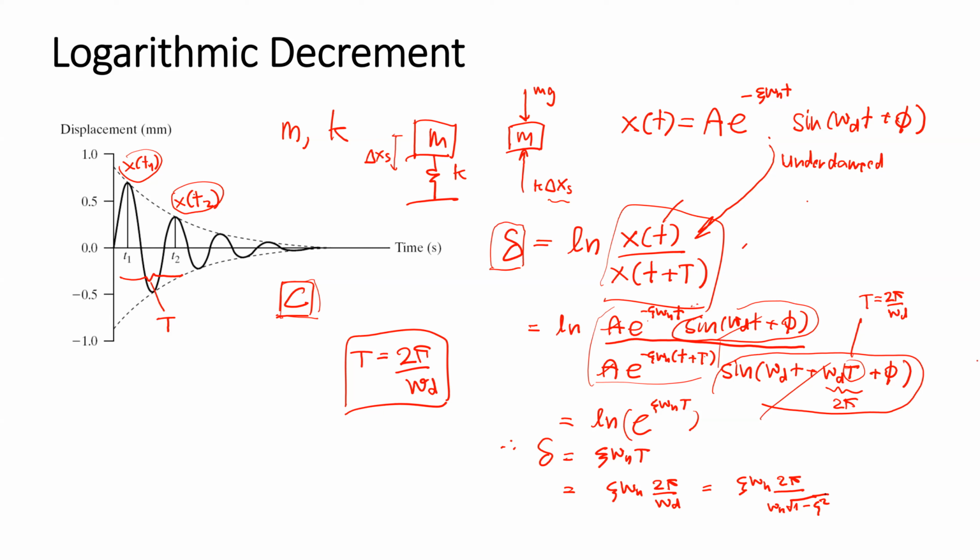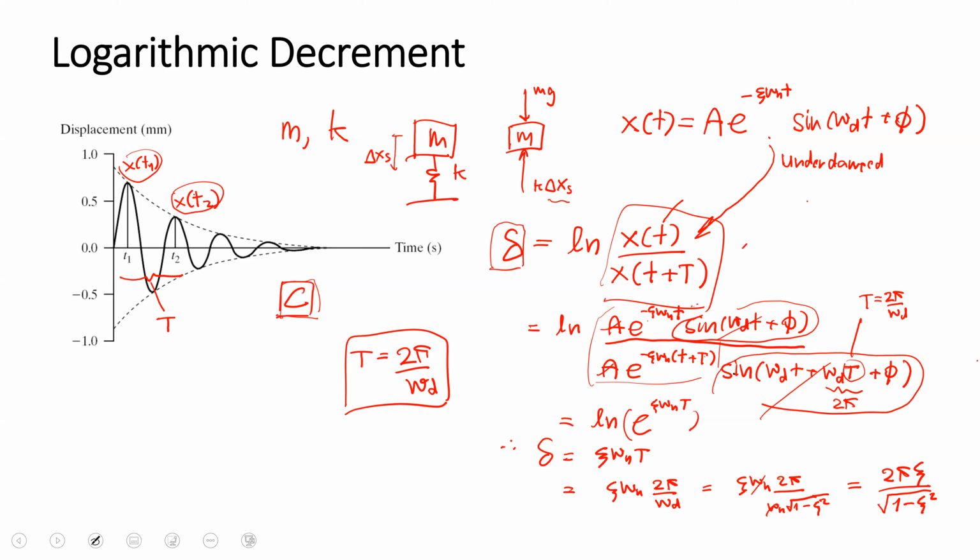Finally, what we can get here is that it will equal 2 pi psi divided by the square root of 1 minus psi square.